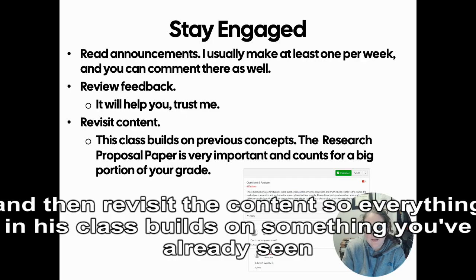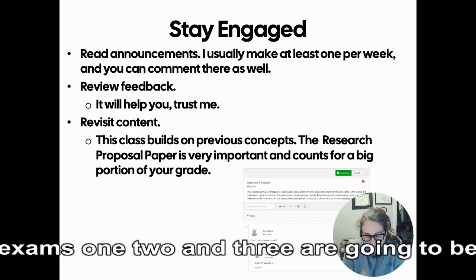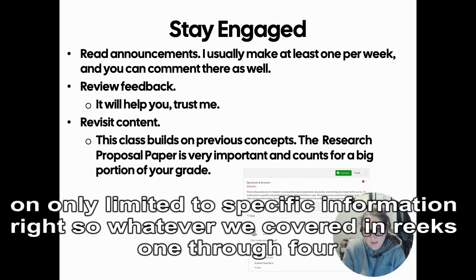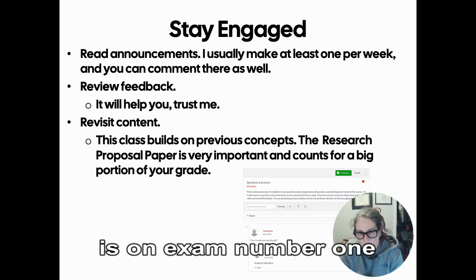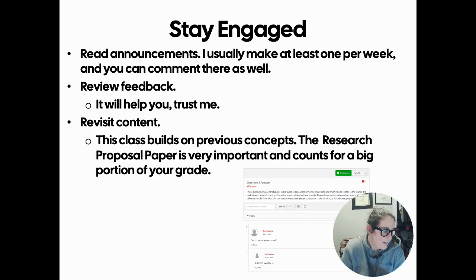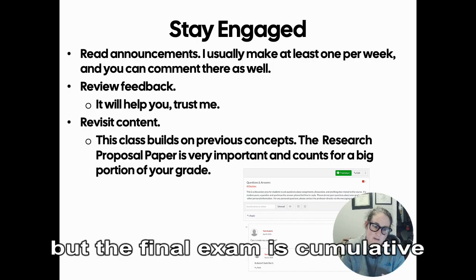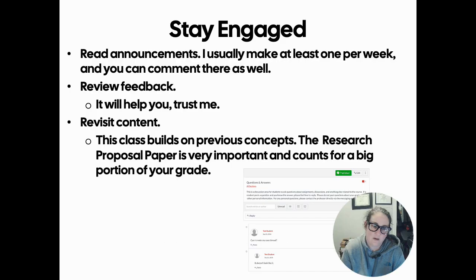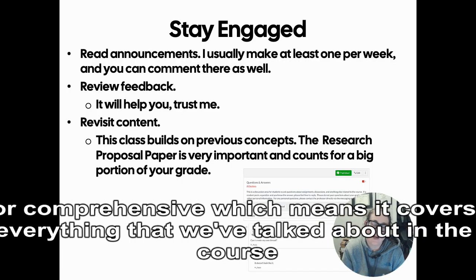And then revisit the content. So everything in this class builds on something you've already seen. Exams 1, 2, and 3 are going to be only limited to specific information, right? So whatever we covered in weeks 1 through 4 is on exam number 1. But the final exam is cumulative or comprehensive, which means it covers everything that we've talked about in the course.